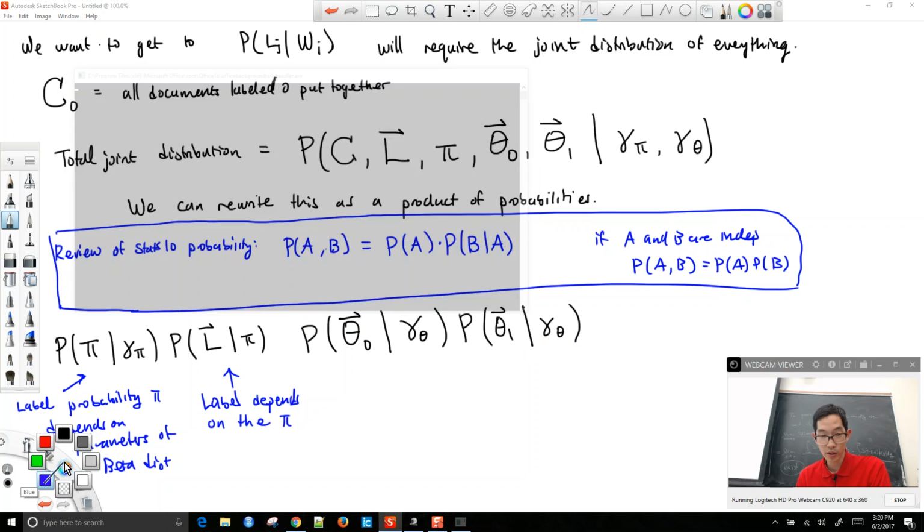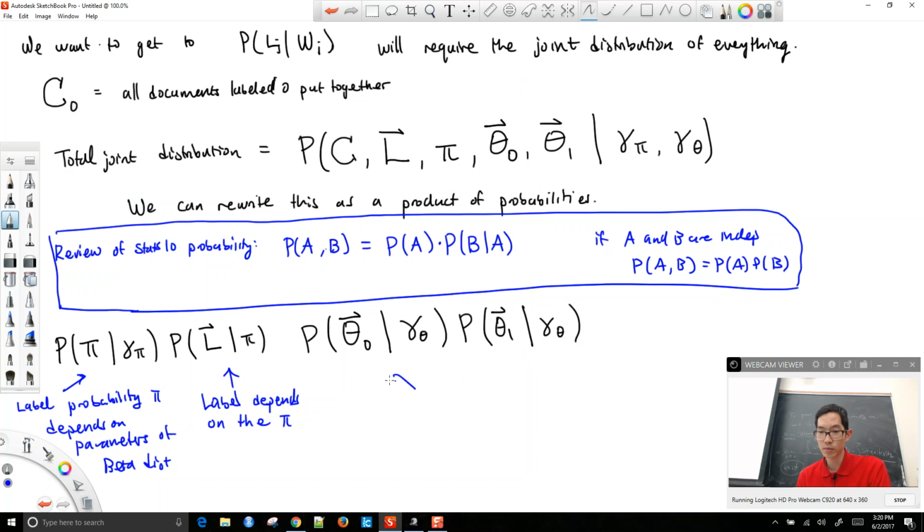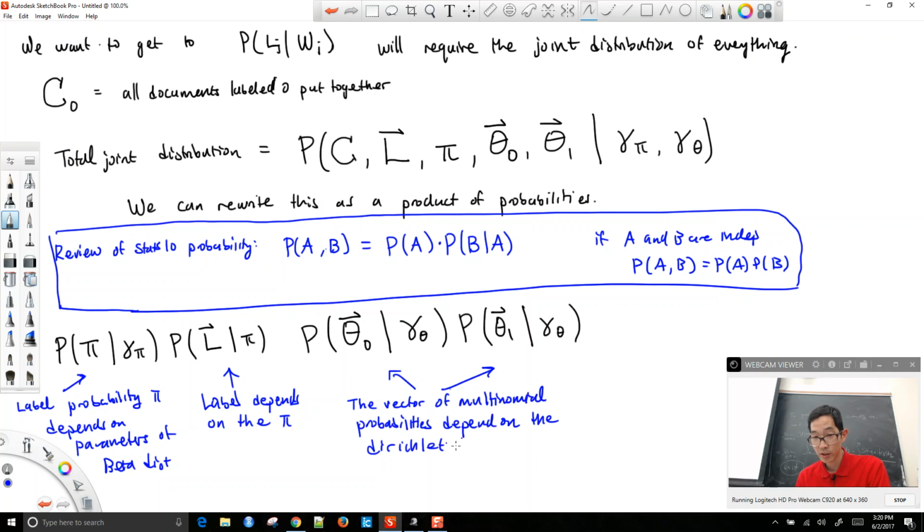So this is the vector of multinomial probabilities depending on the Dirichlet parameters.